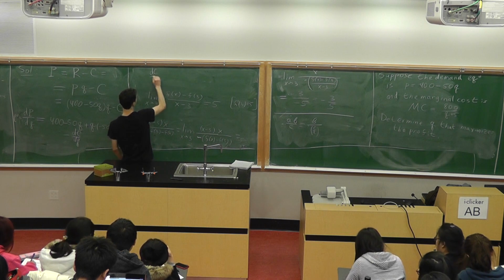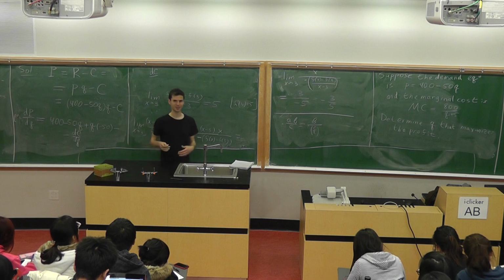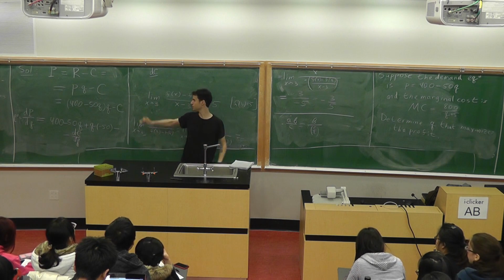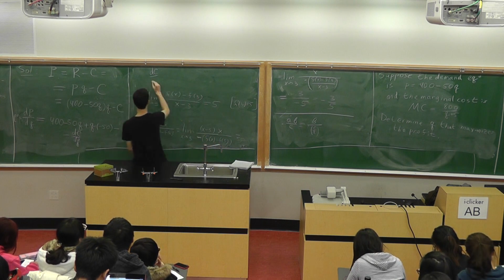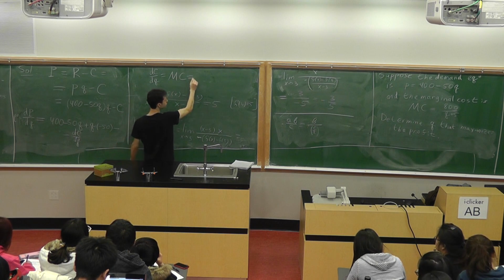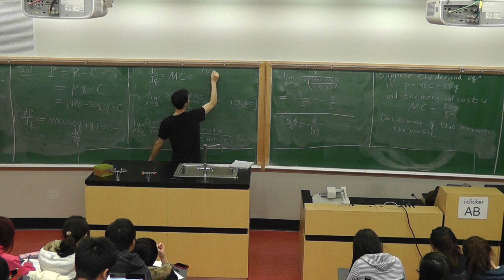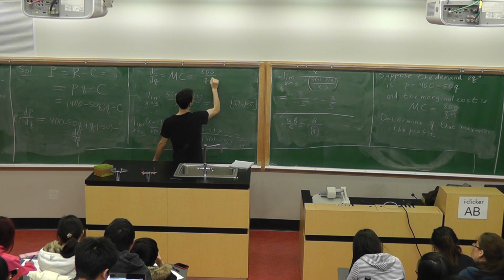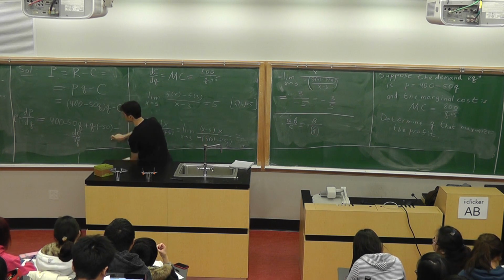And luckily for us, well, not luckily, we chose the parameter correctly, so this derivative is given to us. dC by dQ is the marginal cost by definition, and it's 400 over Q plus 5.